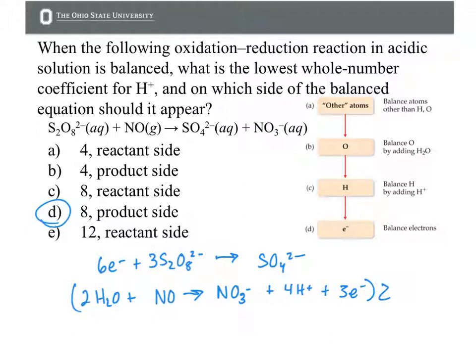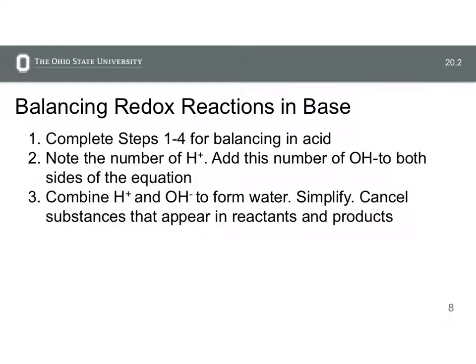This should be a 6. Yeah. Sorry about that. Okay. Again, this is a great place to make quick, easy mistakes. All right, let's just move on a little bit here and talk about balancing in base.